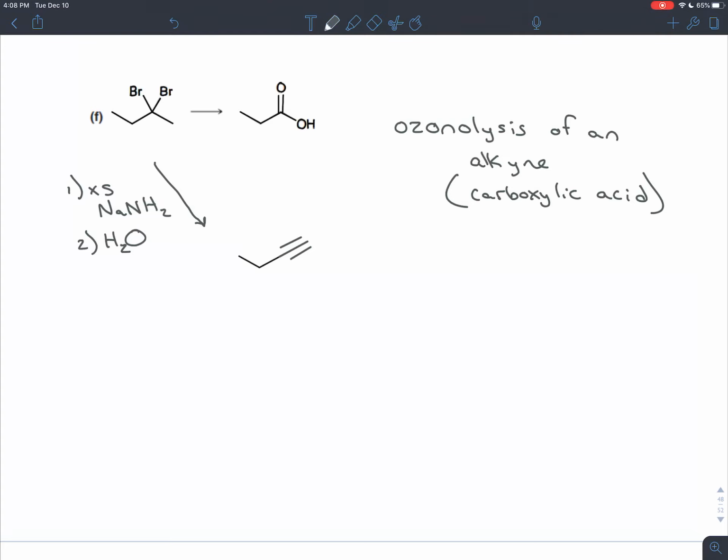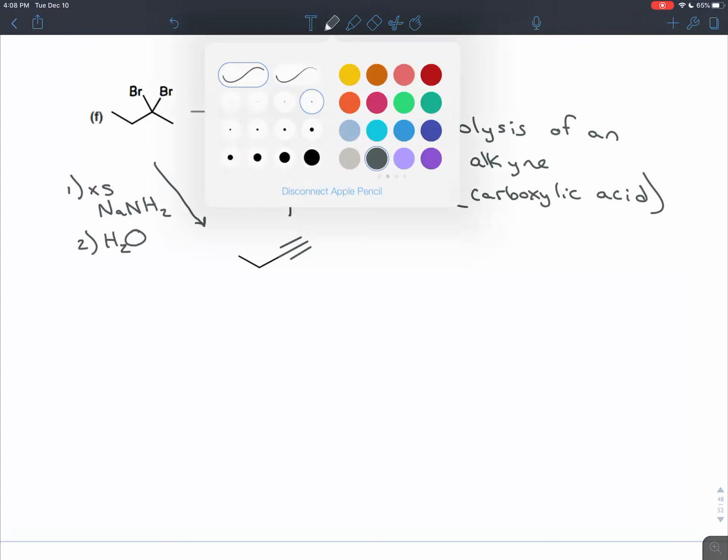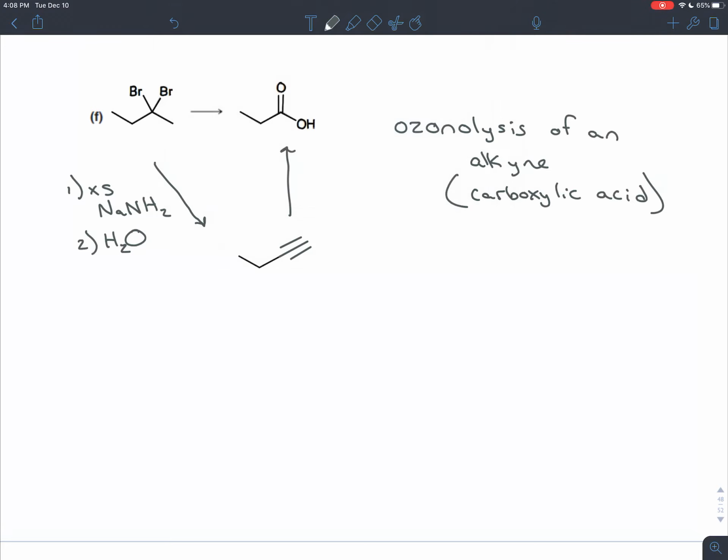And then once we have that molecule, we could make this carboxylic acid by doing an ozonolysis. Now when you do an ozonolysis on an alkyne, the first step, as always with an ozonolysis, is ozone. So you're breaking a molecule apart by adding ozone. That's O3. But in the second step, if you do ozonolysis on an alkyne, the second step is H2O.